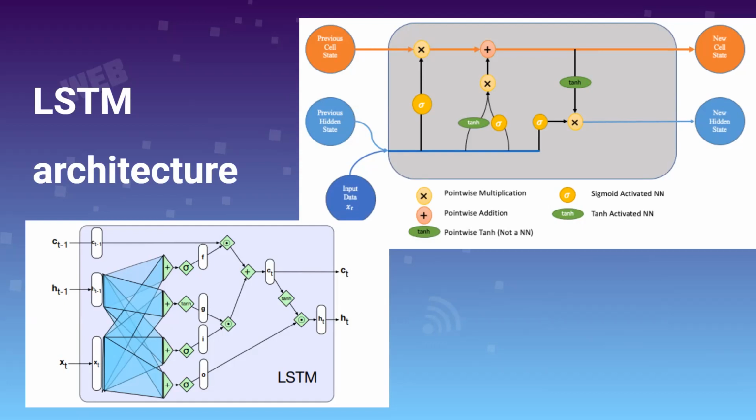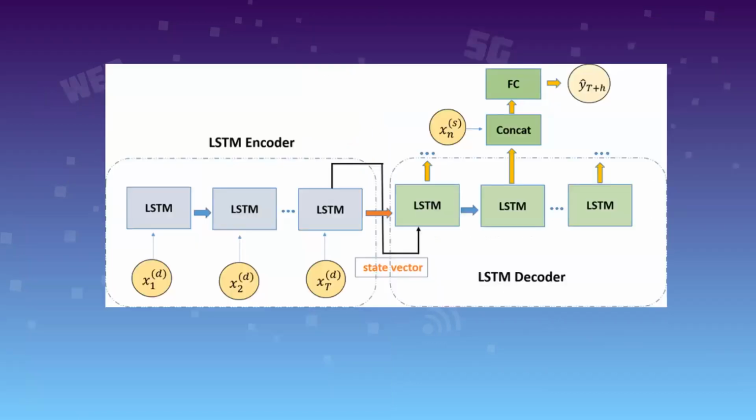Their architecture includes gates that regulate the flow of information, ensuring relevant context is preserved while irrelevant data is discarded. This is a very basic common architecture of an LSTM sec-to-sec or encoder-decoder model.